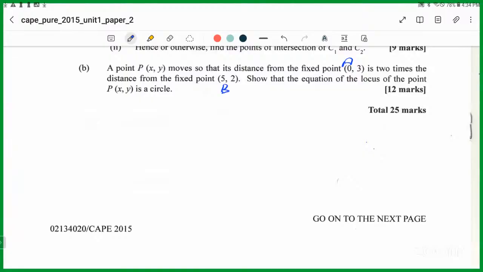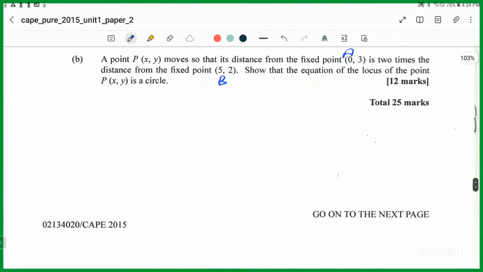What did it say? It says P is moving such that its distance from A, that is AP, is two times the distance from B. That's 2 times BP. That's what they basically said.